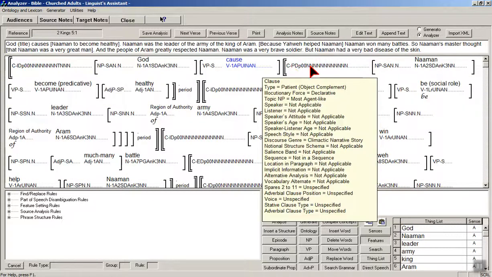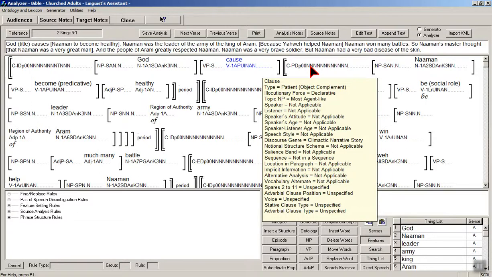And for this one, we see that the type of the clause is patient. So that matches up, it's the right type. We see it's declarative. It's saying something happened. Naaman becomes healthy.